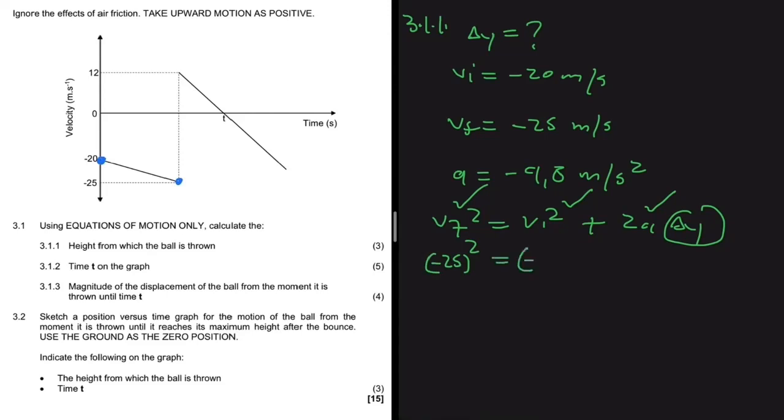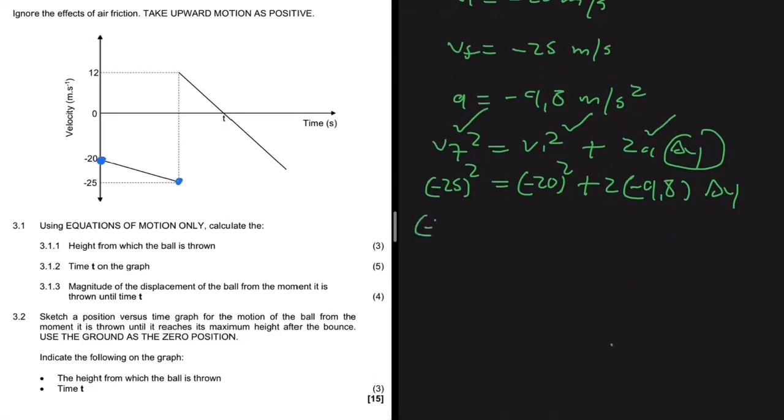VI is minus 20, the velocity at which it is thrown off the building. Plus 2 multiplied by a, our gravitational acceleration, minus 9.8, and we're looking for delta y. So basically, the physics is done now. We are just solving the math.